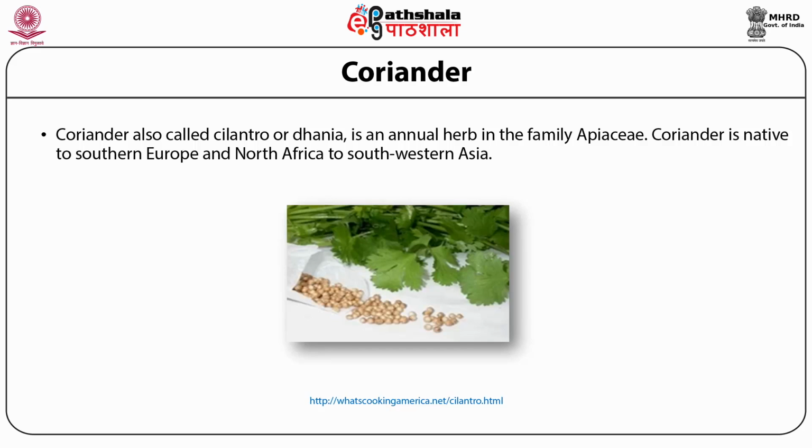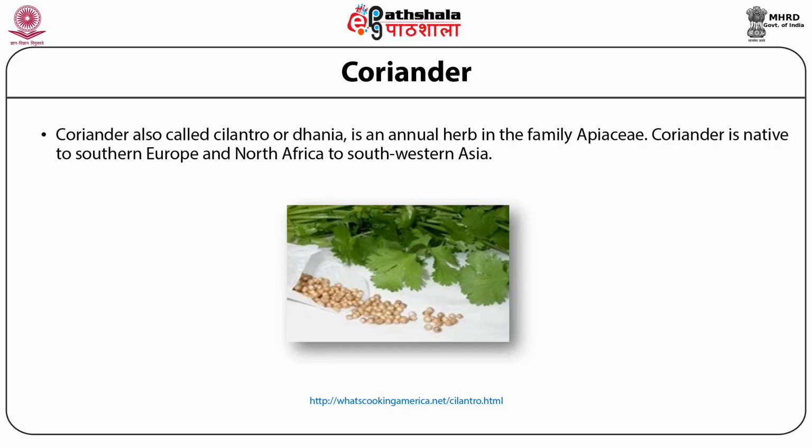Coriander, known as dhania in Hindi and called Coriandrum sativum, belonging to family Apiaceae, is an annual crop native to South Europe, North Africa to southwestern Asia. Cultivated in Russia, India, South America and North Africa.